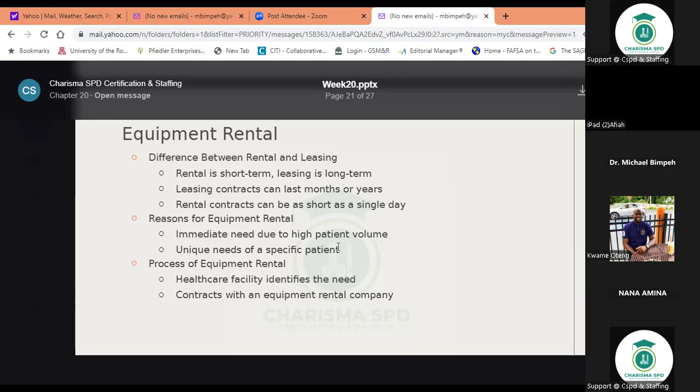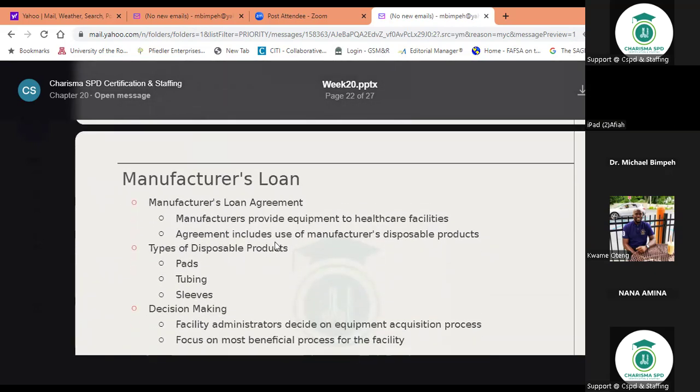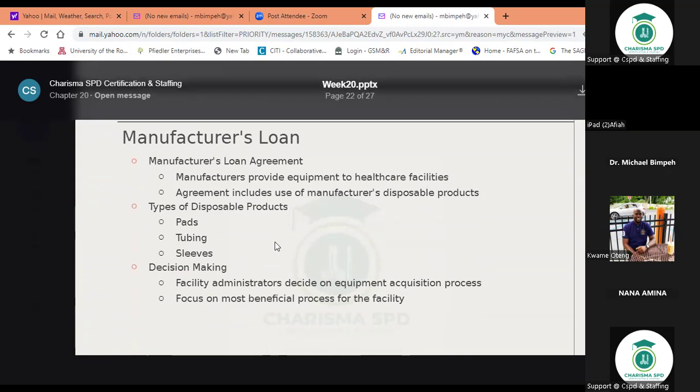So in that case, for a specific need, the process of equipment rental is that the healthcare facility identifies the need, and then contracts are made. Manufacturers also loan equipment. It's very, very common. The manufacturer provides equipment to the healthcare facility, then there is an agreement.